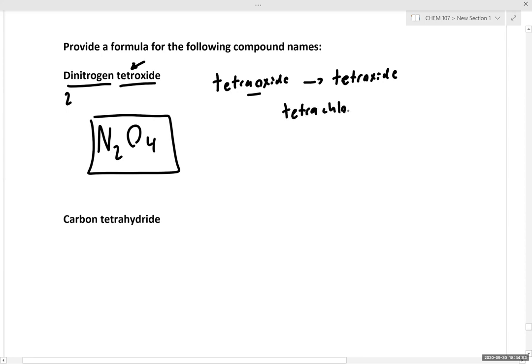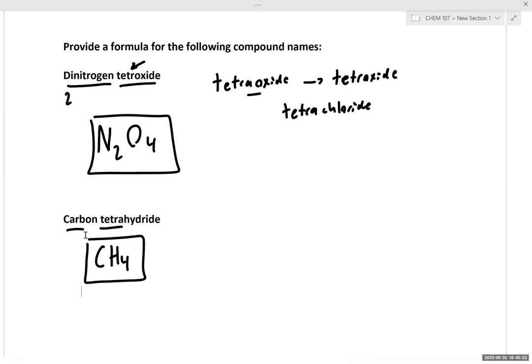So tetrachloride is pretty common. And that's a great lead into this next example, carbon tetrahydride. We have 4 hydrogens and 1 carbon, so we write this as CH4. Does that make sense? It's just a small naming quirk specific to oxygen. Do these examples make sense to everyone so far?